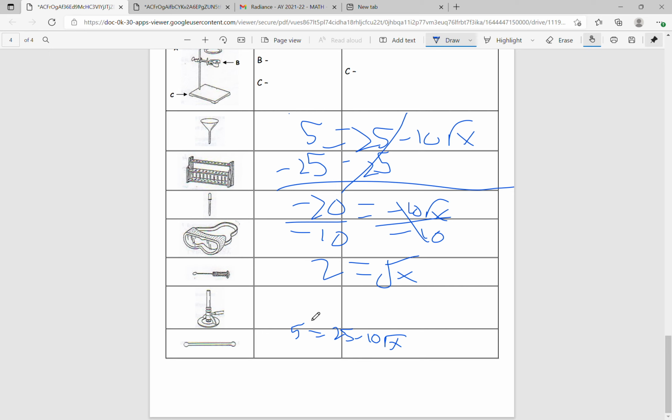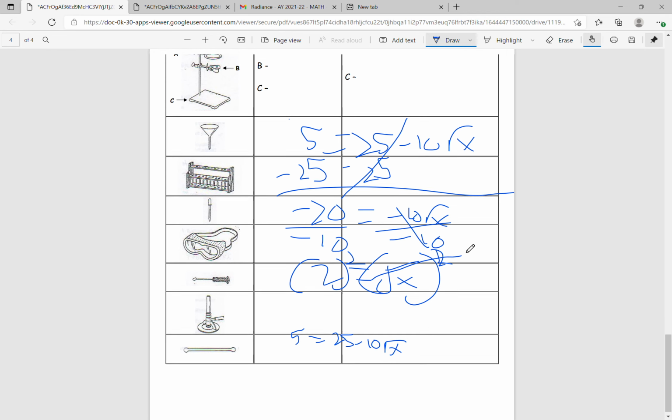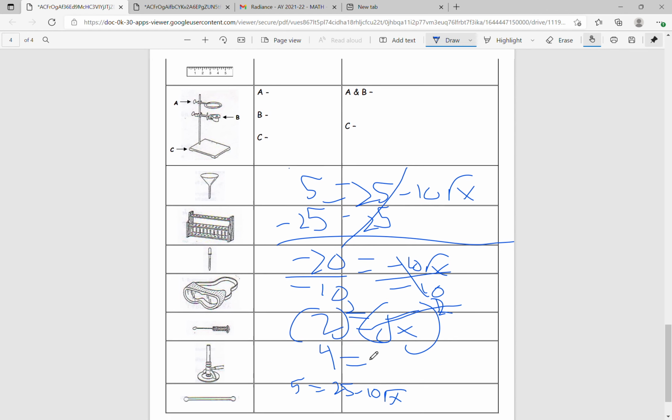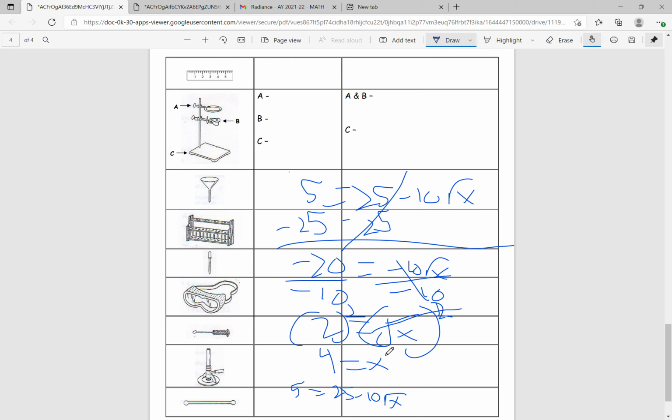That way we have a constant equal to just x, the answer. So the square cancels the square root. 2 squared is 4, and we get 4 is equal to x. So that is the answer for that.